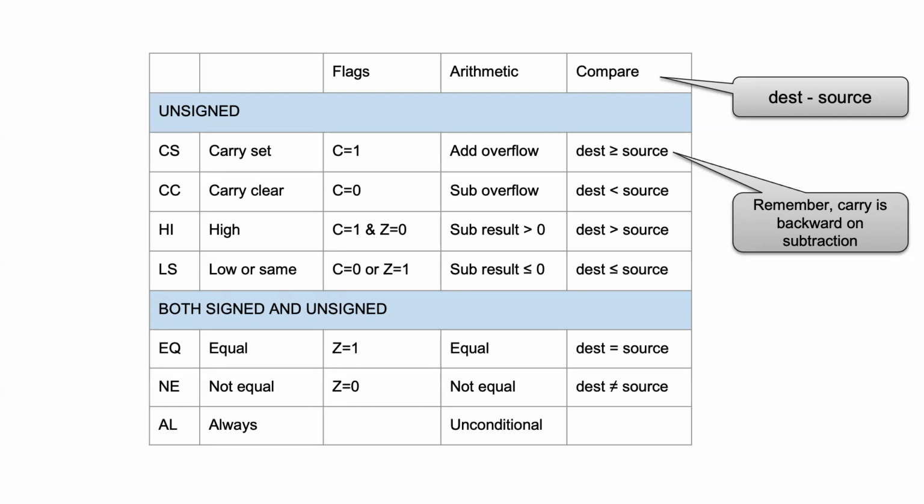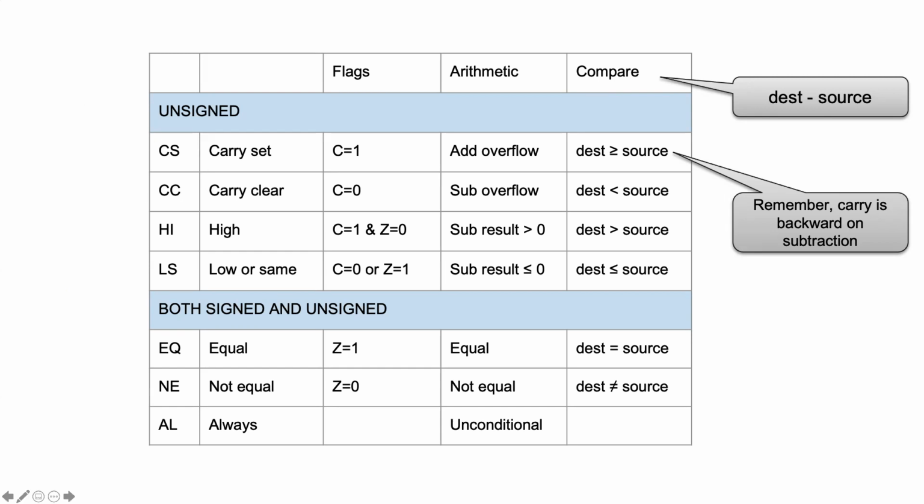At least if you think of carry as an imaginary digit off to the left that you may or may not borrow from. And as long as dest is bigger than or equal to source, then you don't have to borrow from it, and carry will still be 1. If it's the other way around, then carry will be 0. So those comparisons really show up as carry set or carry clear.